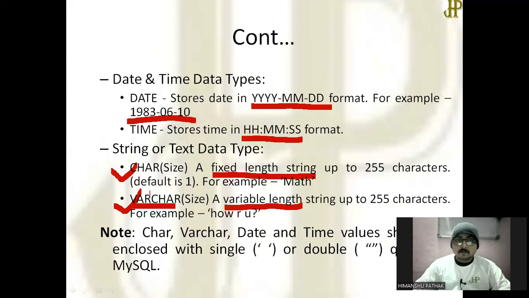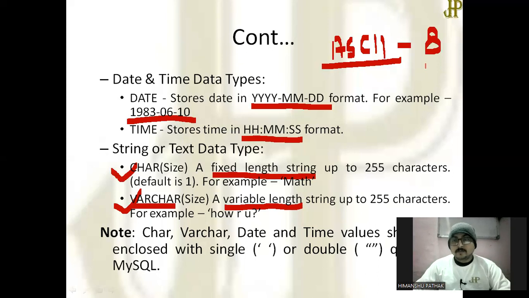Why? Because we are using ASCII format, and in ASCII format every character can be represented as 8 bits, that is 1 byte. That's why if you calculate 2 to the power 8, it will show you 256, so including 0, up to 255 characters.